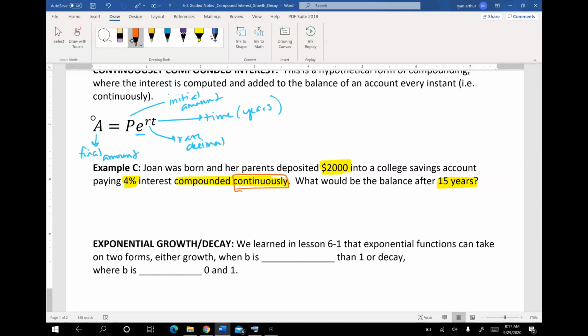All right, let's label stuff. I deposited, that means you started with the 2,000, so that's my P. 4% is your R. Move the decimal place 1, 2, so it's 0.04. And after 15 years, that is your T. So my equation is A equals 2,000 times e raised to the r times t. We're going to plug this into Desmos.